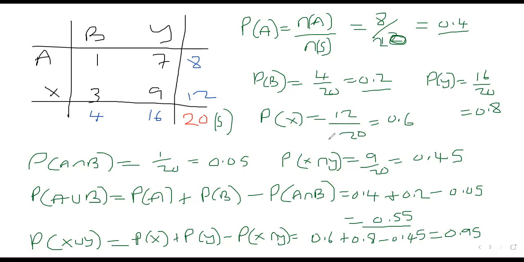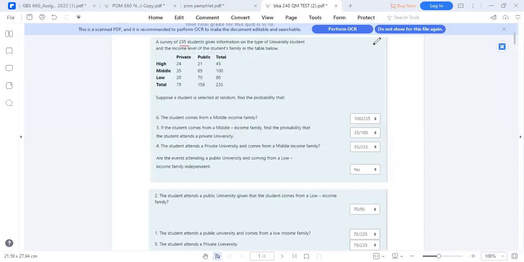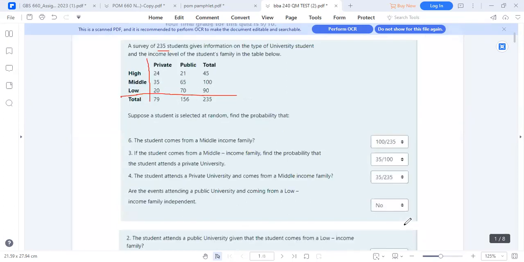Now let's go to how the questions come in an exam. You'll be given a scenario, a question. For instance, a survey was conducted. We have 235 students. So we have high, middle, and low, private and public sector. They've done the totals already for you. Are we together so far? Yes, we are.